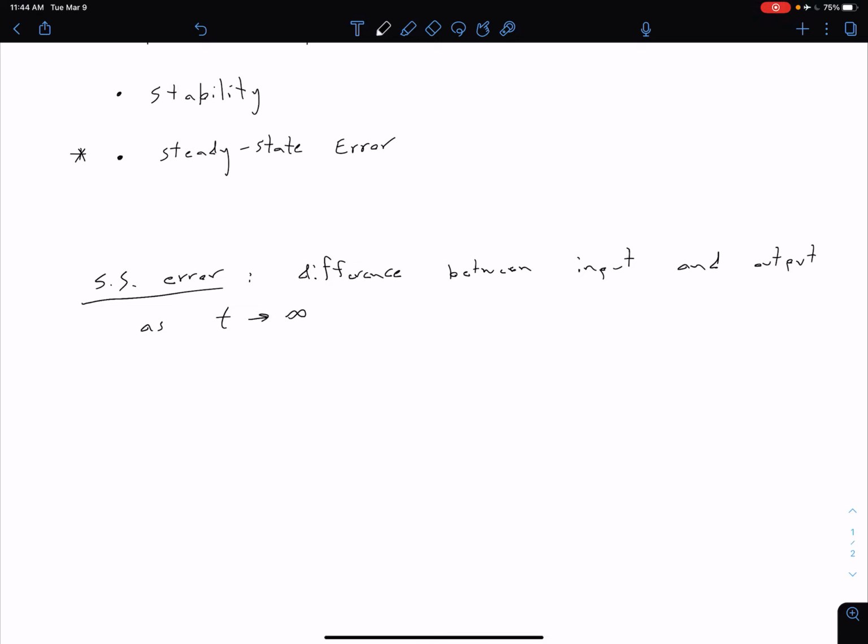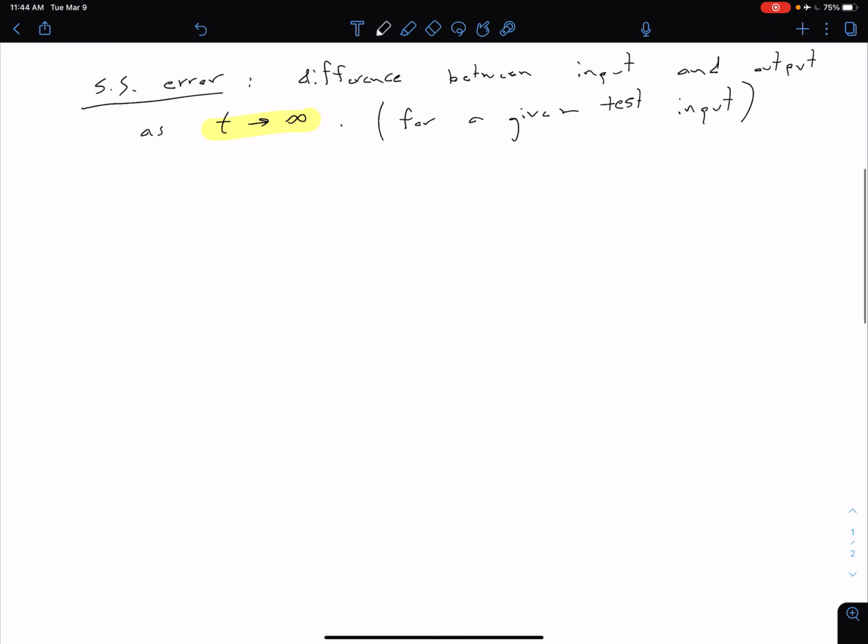One thing to note, of course, is that t is going to infinity, but another thing to note here is that this is for a given test input. We'll talk about this in detail a lot later in some later videos, but for now let's go ahead and talk about some of the common test input signals that we're going to be using.